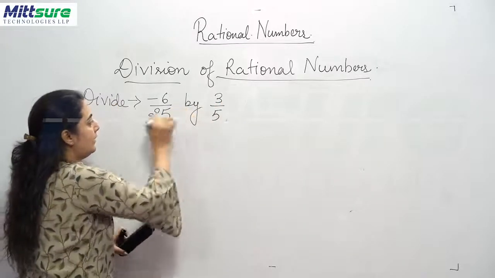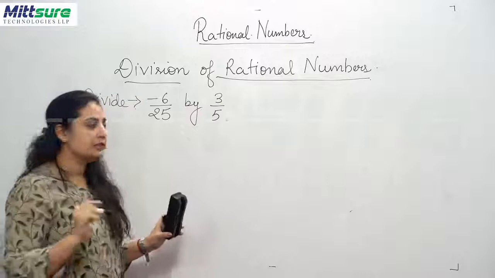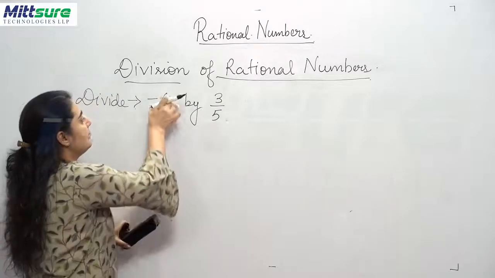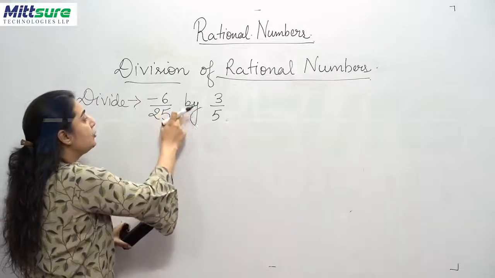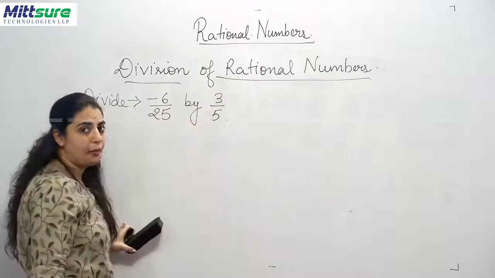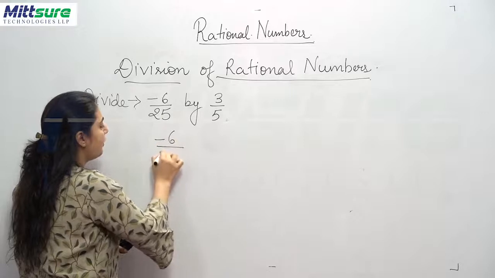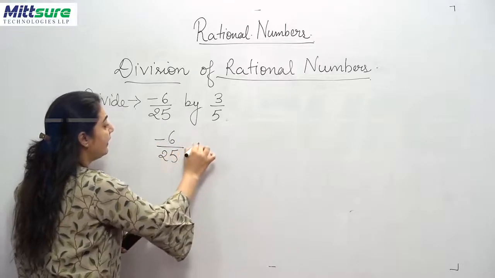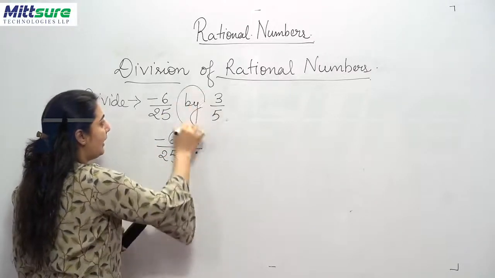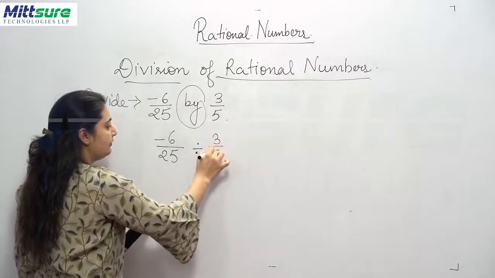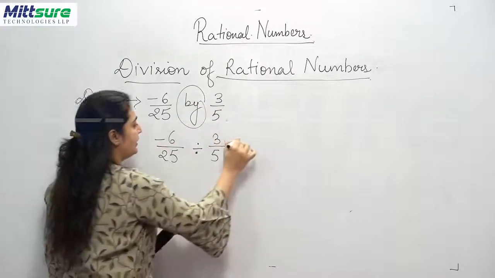This "by" will change to a division sign, and it means that minus 6 upon 25 has to be divided by 3 upon 5. So how do we write it? Minus 6 upon 25, division sign, 3 upon 5. Clear? Now let's move this side.